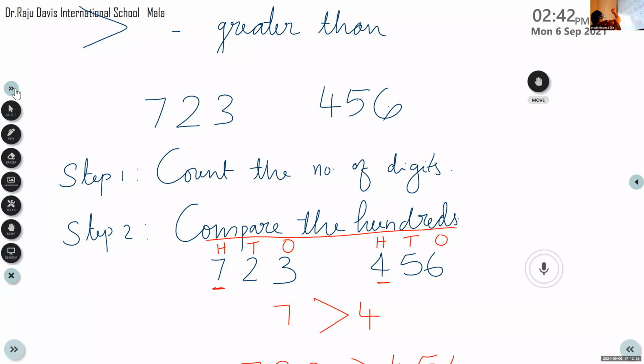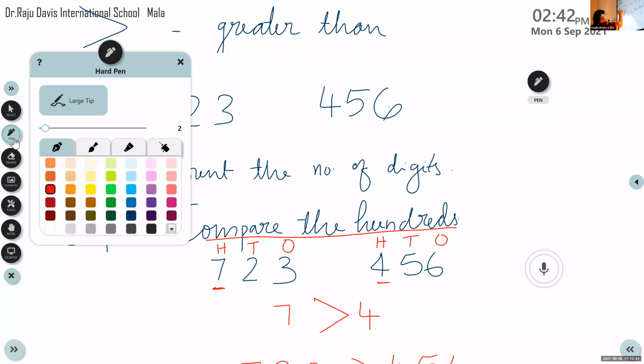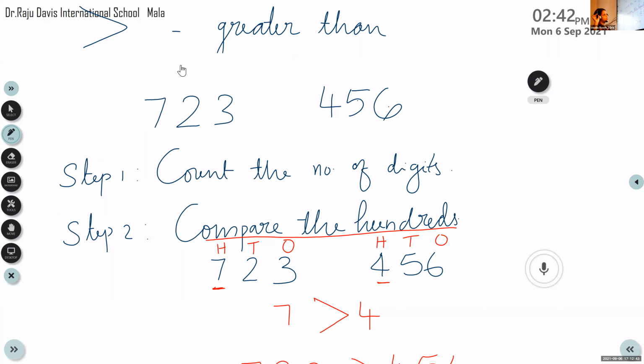And in 456 there are also 3 digits, which are 4, 5 and 6. So both have the same number of digits.